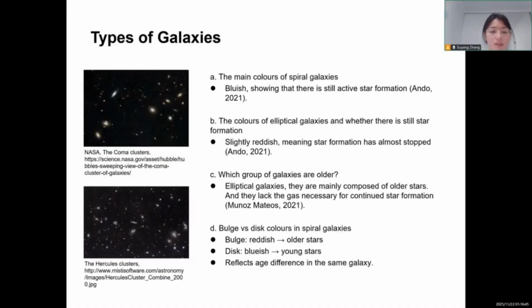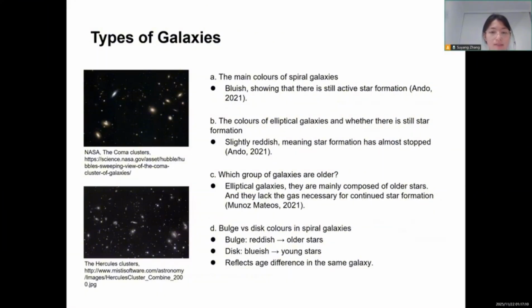First, let's look at the Coma cluster and Hercules cluster. When we zoom in and closely observe these images, the most obvious feature is the color difference between spiral galaxies and elliptical galaxies.